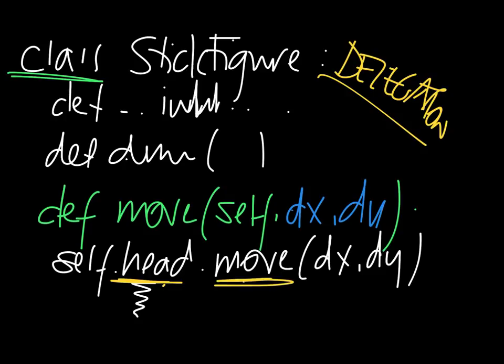So in our move method, we simply call the move method from inside there. We don't have to do any extra work. And that's all we need to do to move the stick figure's head. And you just need to have a line for each of them. Have a look at the code, and you will see hopefully how straightforward it is. It's quite repetitive, but very easy to play with.